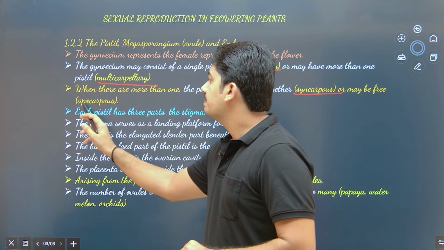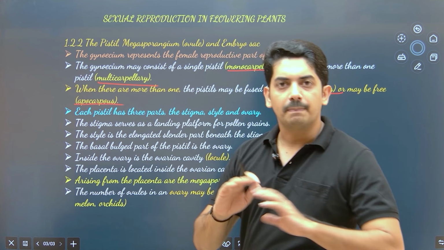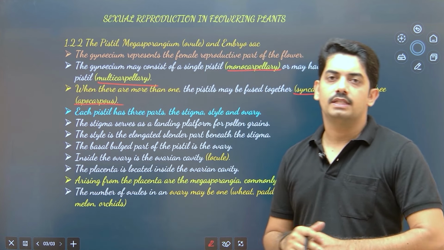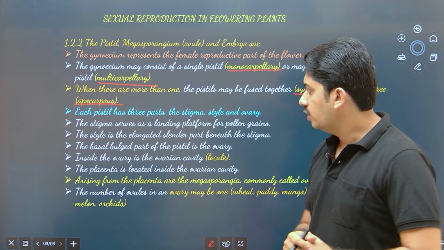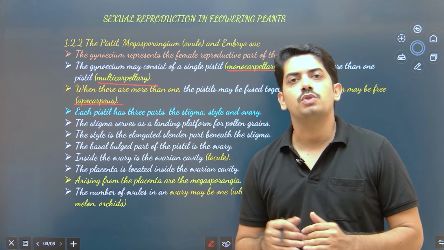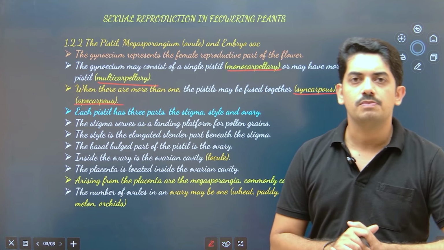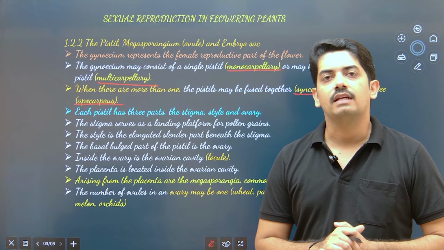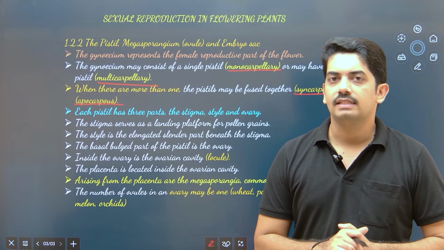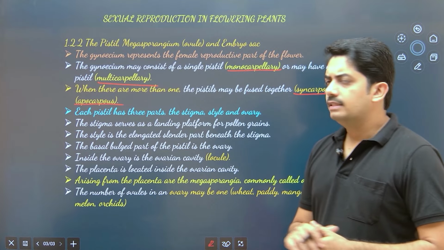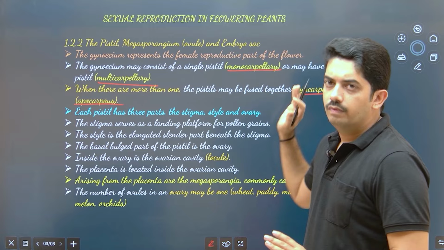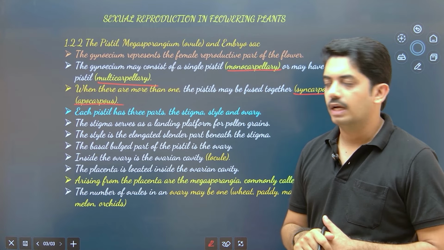When many carpels are present and they are all separate, then we use the term apocarpous condition. So these two are the conditions commonly observed in some flowers like Michelia champaka and citrus. In some plants it is only one ovary, then we use the term monocarpellary.